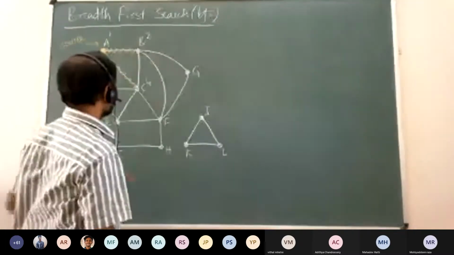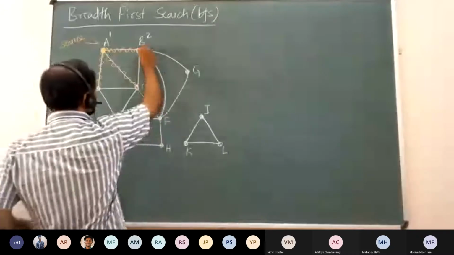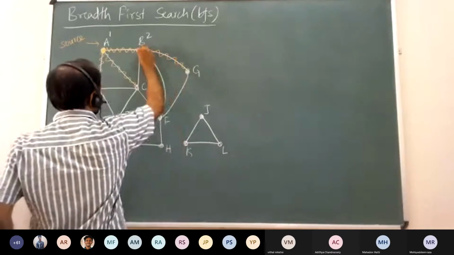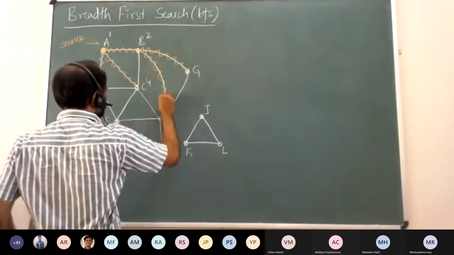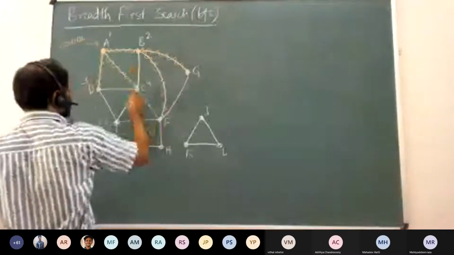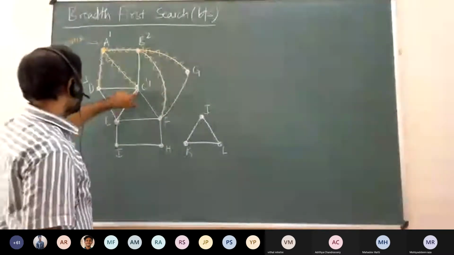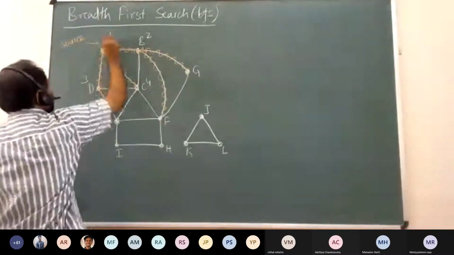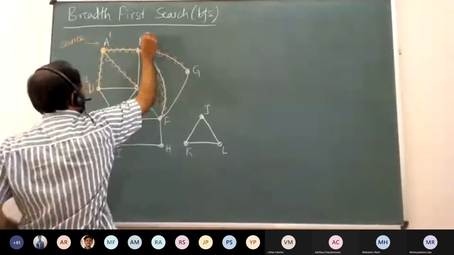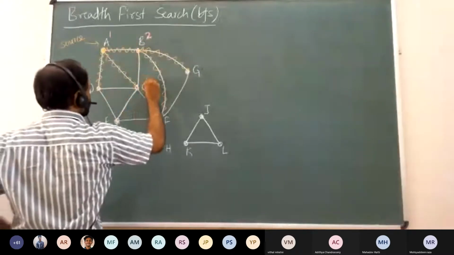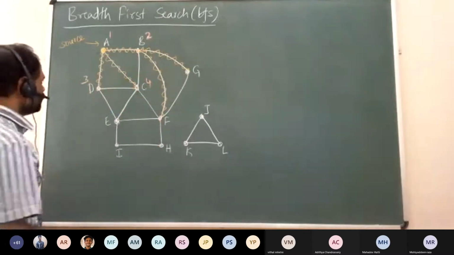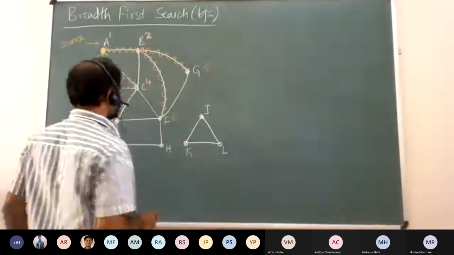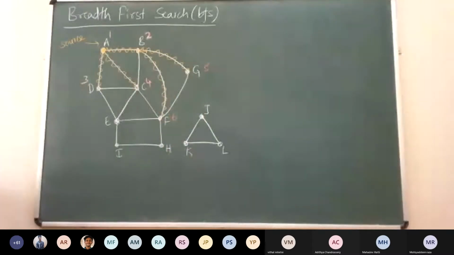Now we try to visit the neighbors of B. So we visit G, then F, and we can also see C, but C is already visited, so we don't do anything there. This is visited at time instance 5.